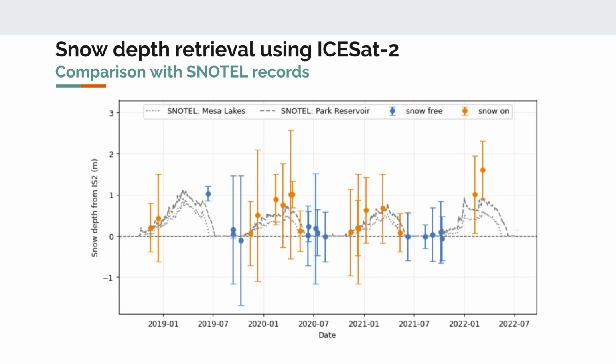If you see this plot, you can see the ICESat2 snow depth measurement agrees pretty well with the SNOTEL measurement. But you can see there are some large variations in the ICESat2 measurement, which is because of the spatial offset between ICESat2 and the ASO DTM.